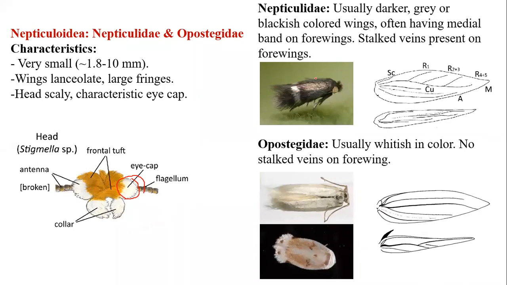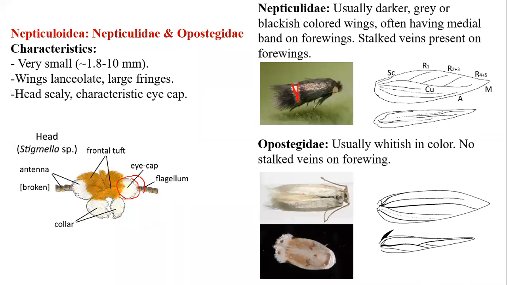However, following two categories, one is their wing color and second one is their wing venation, we can differentiate these two families. The moths belonging to family Nepticulidae usually have darker colored wings and often have a medial band on their wing. You are seeing here that this moth is darker colored and has a medial band on its forewing.